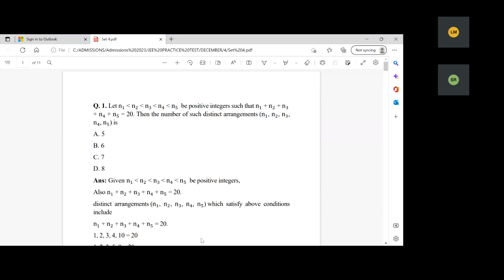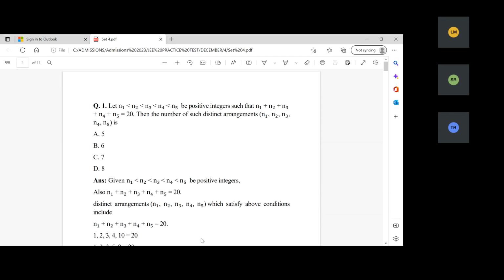Let N1 up to N5, with N1 less than N2 less than N3 less than N4 less than N5, be positive integers. They have given a condition: their sum is equal to 20. We need to find the number of distinct arrangements of these numbers. How many such combinations can there be?